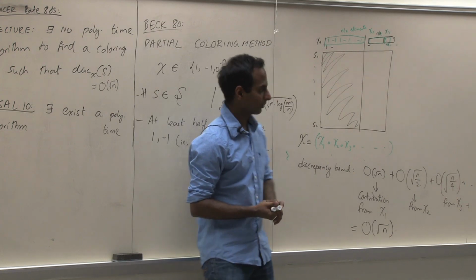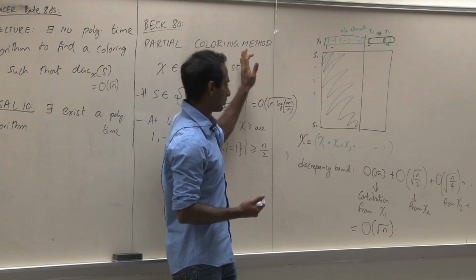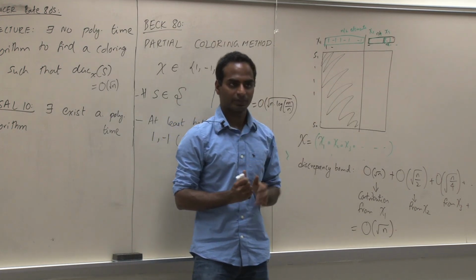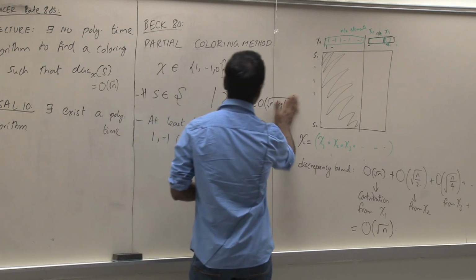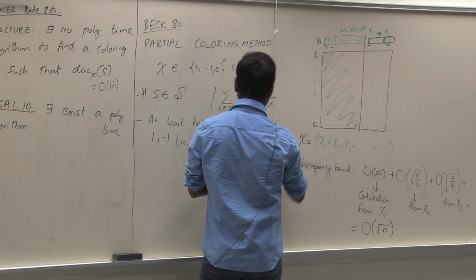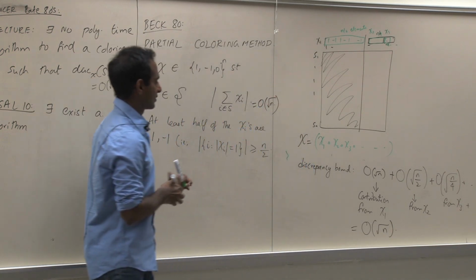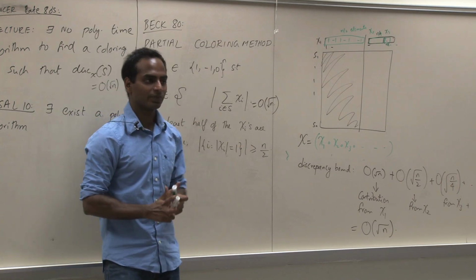So what we want to do now is to just solve this partial coloring problem, and once we have it, we can solve the whole thing. For this talk, I'll just simplify and shoot just for this claim, and the general log of m over n is not too hard to get once you have this claim.